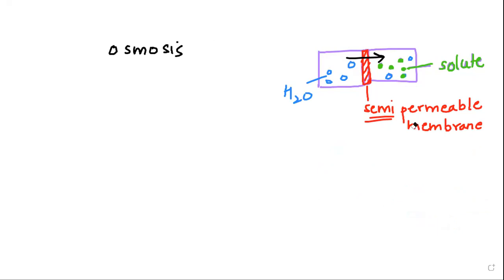So osmosis will only occur when there is a semi-permeable membrane involved, which means any time you talk about any cell, there is osmosis involved because we have something called the cell membrane or the plasma membrane, right? Which is definitely semi-permeable, right?